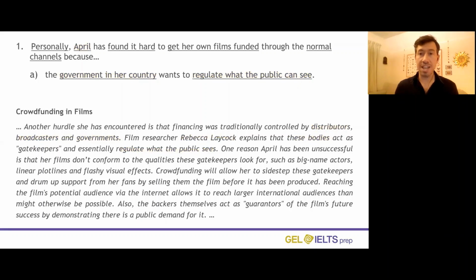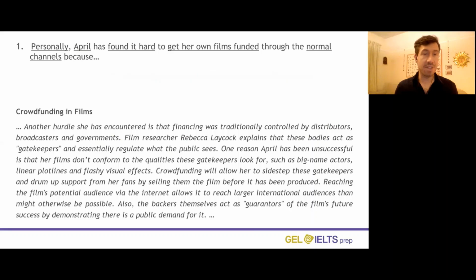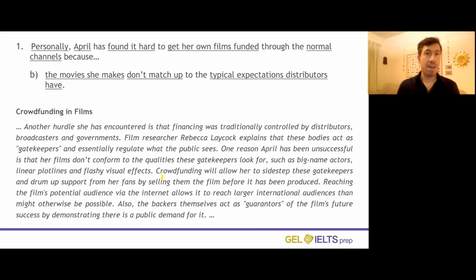Let's move on to the second sentence here. So here we have the movies she makes don't match up to the typical expectations distributors have. Okay, well, we saw distributors here. It doesn't talk about their expectations anywhere in here. Here it was Rebecca Laycock speaking, so we're not focusing on Rebecca, we want to focus on April, and we can see here we've got April here.